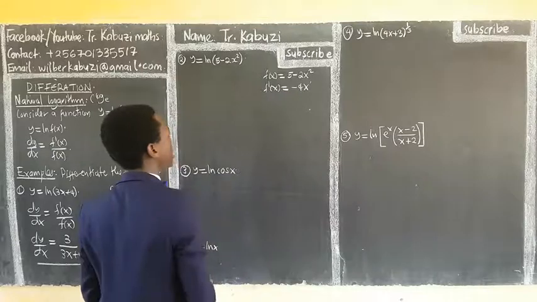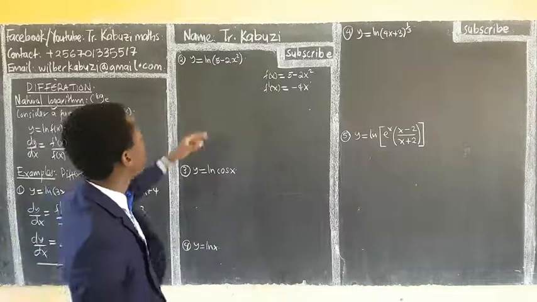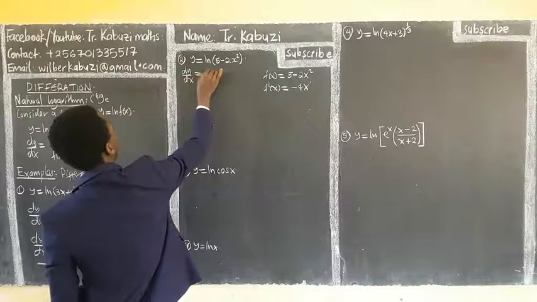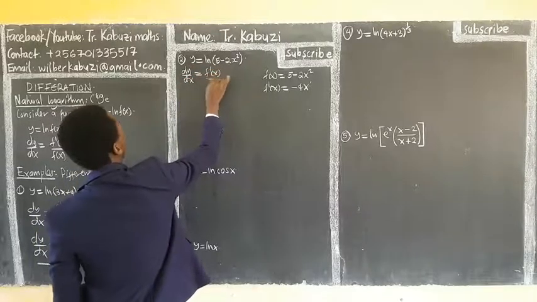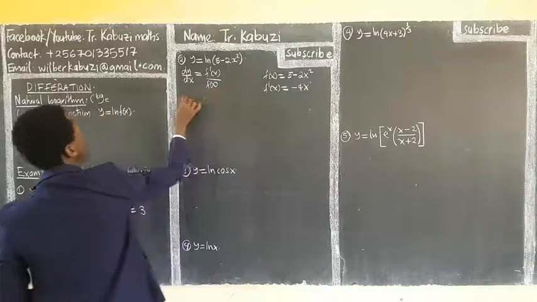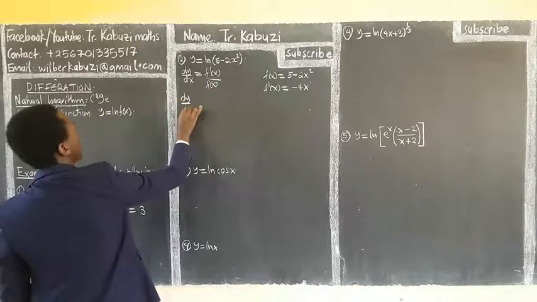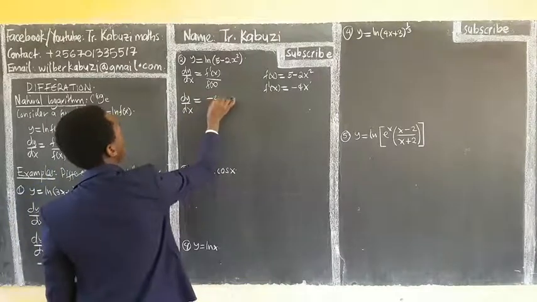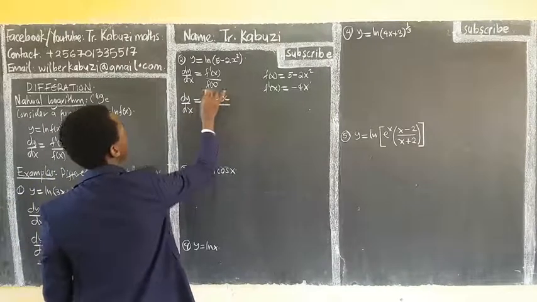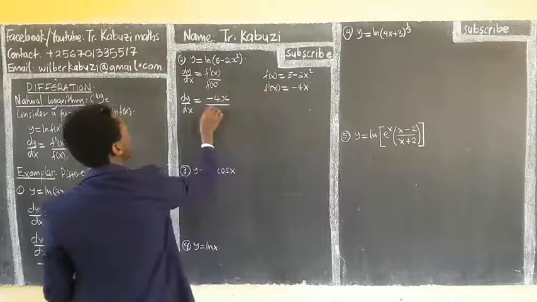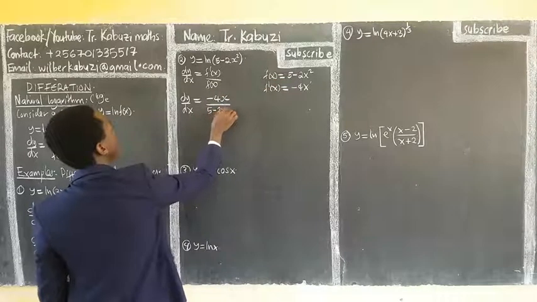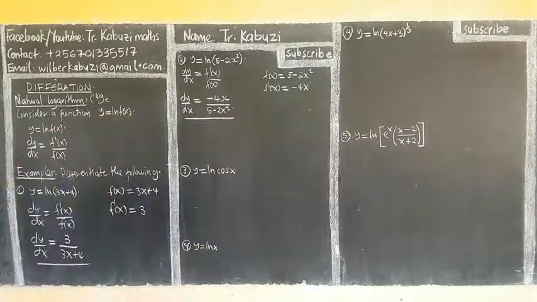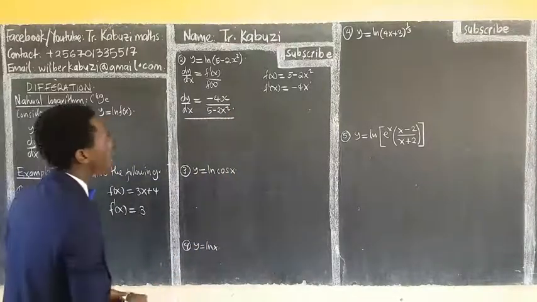So now my dy/dx is going to be f prime of x over f of x. My f prime is negative 4x, the whole over 5 minus 2x squared. It's as simple as that.